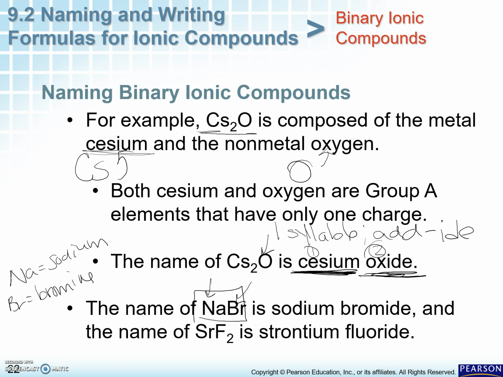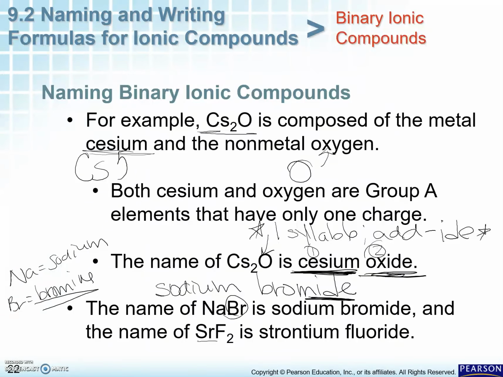So to name your compound here, you would take your cation, which is always going to be the first one, and that is sodium, followed by this word, bromine. But again, you take the first syllable and you add IDE. So that's going to be bromide. That's your total answer. See how you have that IDE at the end.